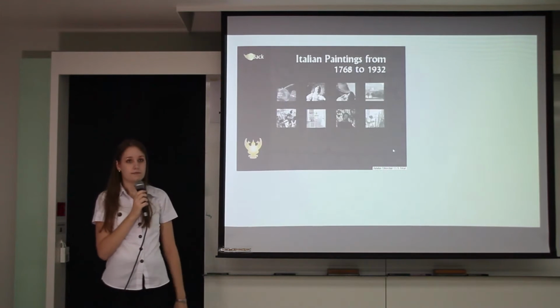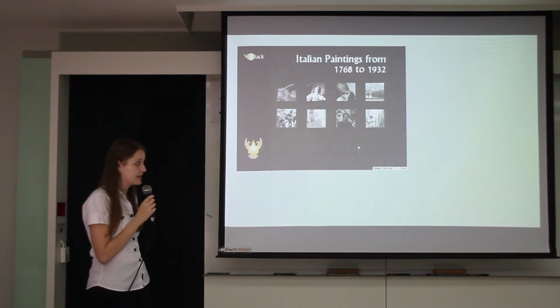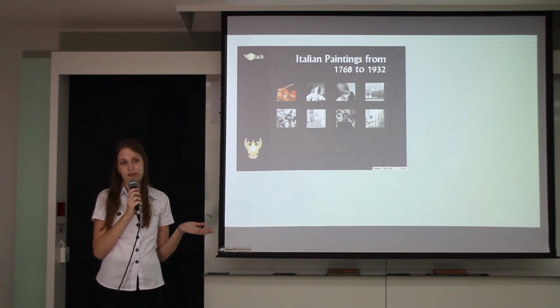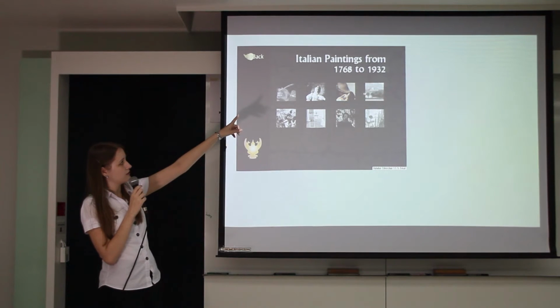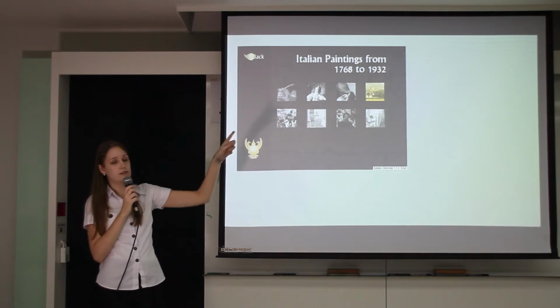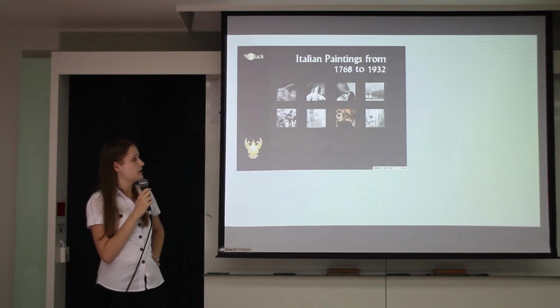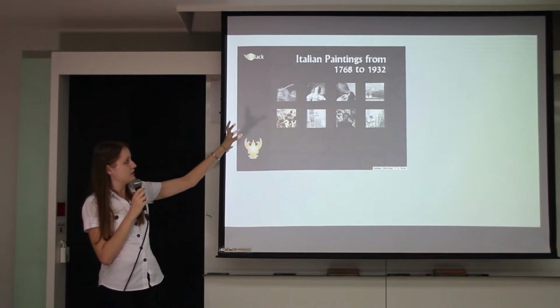Is it the same period of time when you look at Italian paintings? It's the same time, but there are more different periods. The Rattanakosin period was from 1768 to 1932, and these pictures are not exactly at this time, but in the middle of the time.